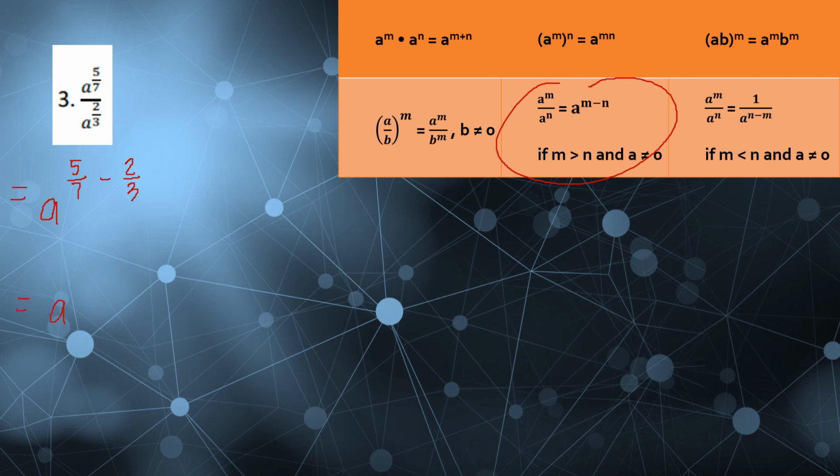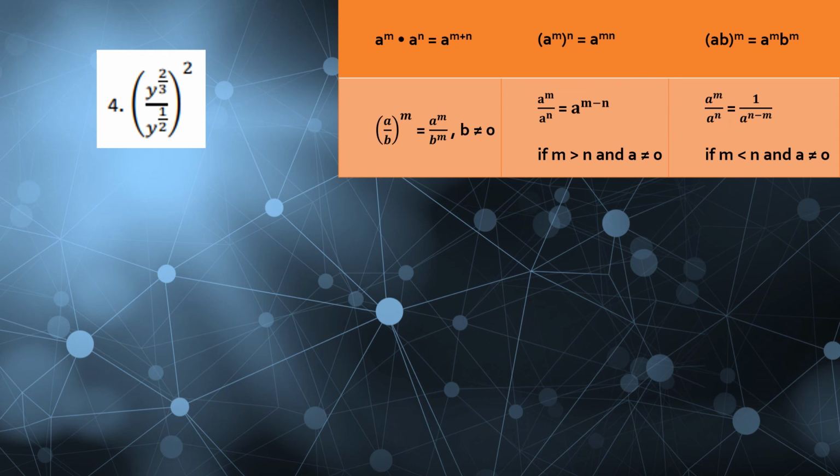So we have 5 times 3, 15, minus 2 times 7, 14, over 7 times 3, 21. So that will become a raised to 15 minus 14 is 1 over 21. So for our final answer, we have a raised to 1 over 21.